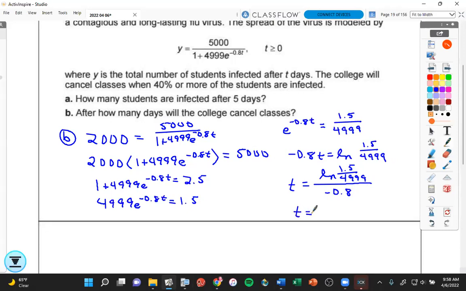T equals what? Five thousand. It's going to take 5,000 days.